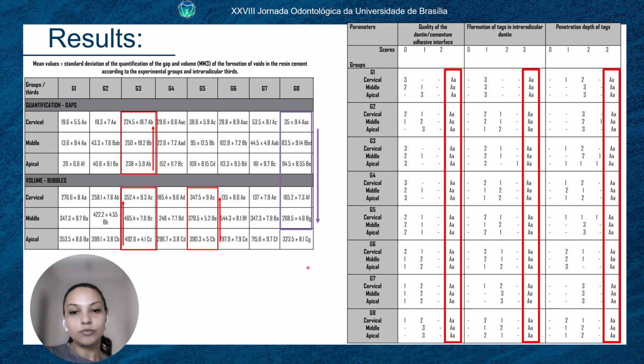However, the group treated with methylene blue and calcium hydroxide showed superior results, presenting less gap formation and lower volume of bubbles. For the quality of the adhesive interface evaluated using confocal fluorescence microscopy, there was no statistical difference between the groups and the thirds analyzed.